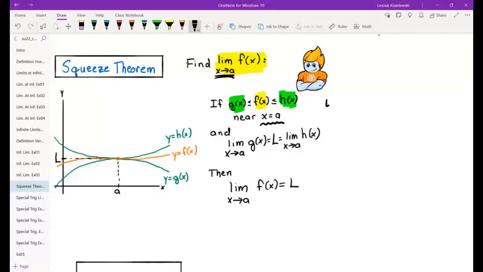So it's a local phenomenon, right? And then we compute the limit as x approaches a of the two bounding functions, the bigger and the smaller one. And if those limits are the same, then the thing that's in between has to go to that same limit. Right?